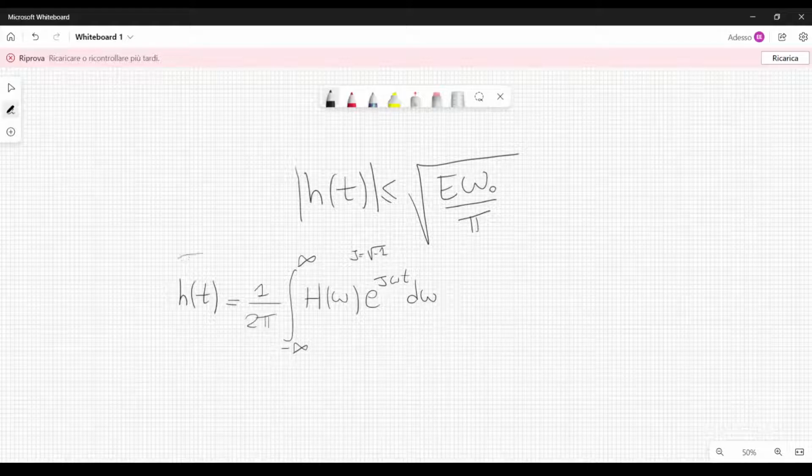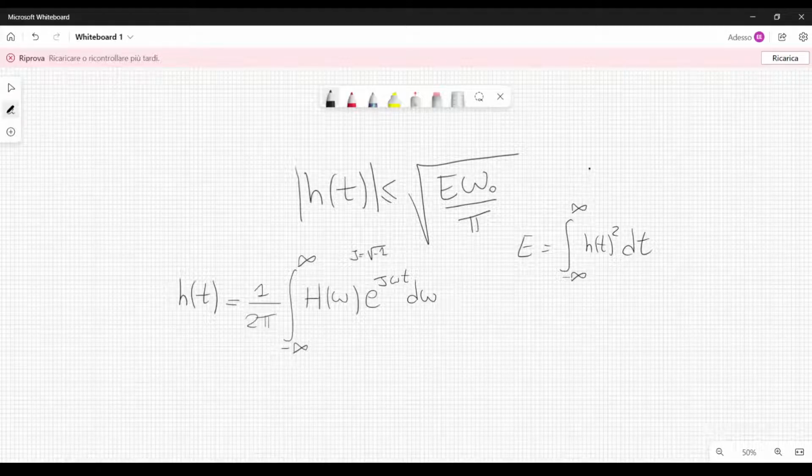So we will start from this, and we will derive this inequality. And I will show you how to derive also the energy. The energy of the signal is simply the integral from minus infinity to plus infinity of h of t squared dt.